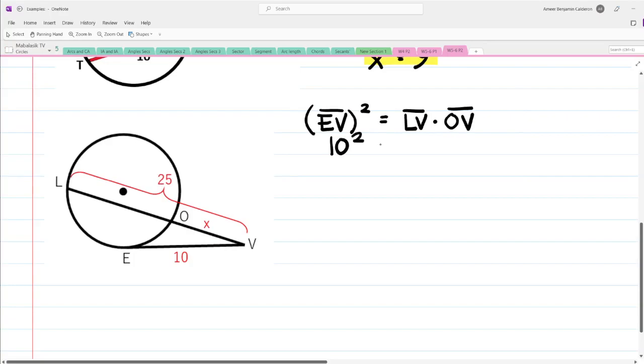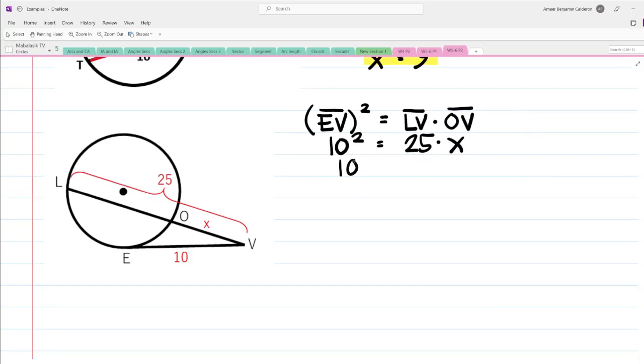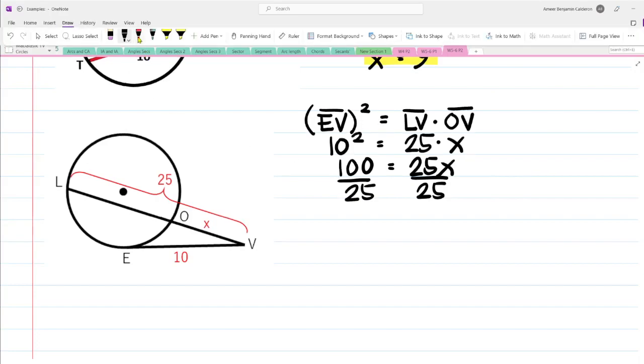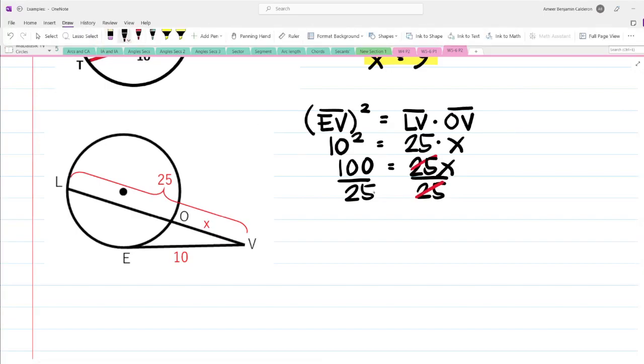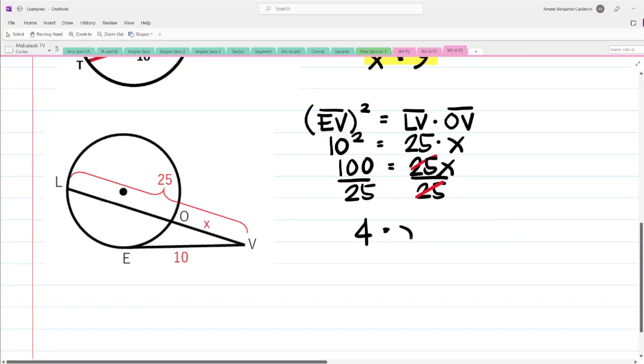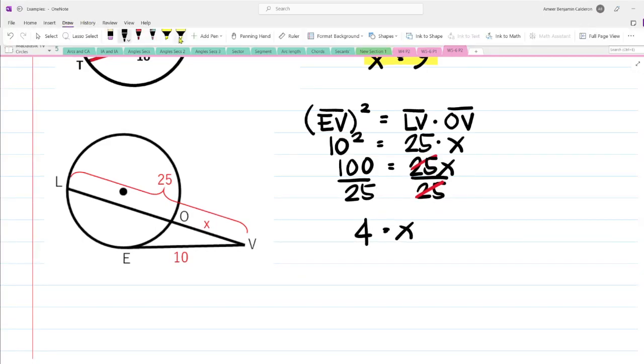So 10 squared is equal to LV, the whole thing, which is 25, times OV, that's x. So 10 squared, that is 100, is equal to 25x. Divide both sides by 25 since we are solving for x. We can cancel 25 and we are left with x, which is equal to 100 over 25. That's 4, and this is our final answer.